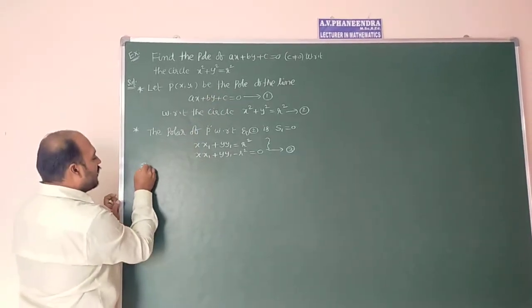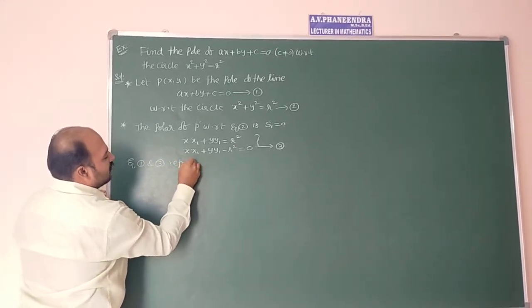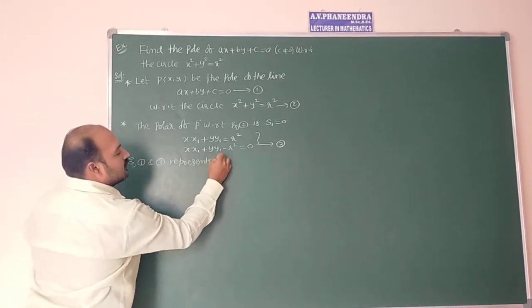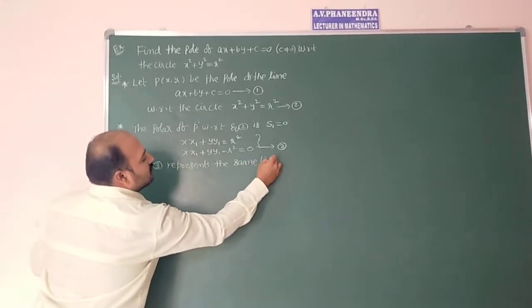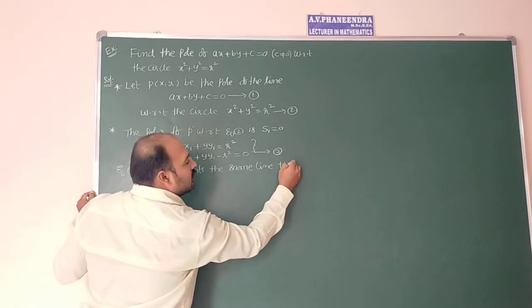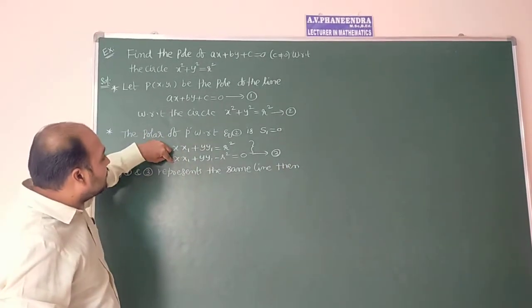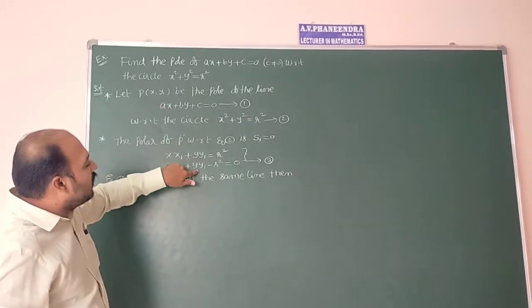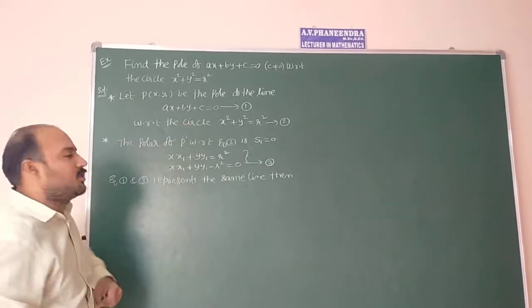So equations 1 and 3 represent the same line. Then the coefficients of x in both the equations, the coefficients of y in both the equations, and the constants in both the equations are in proportion.